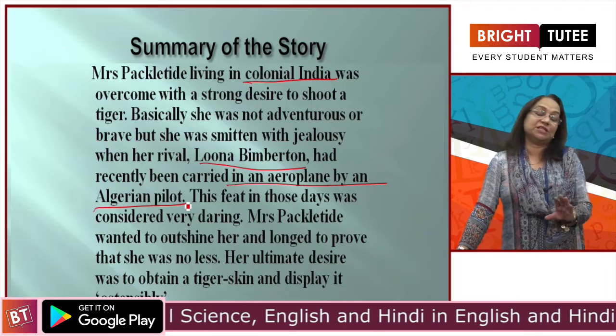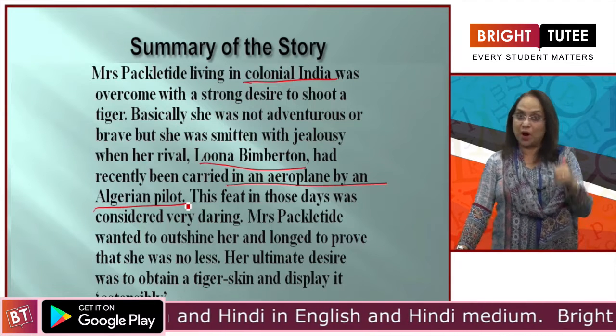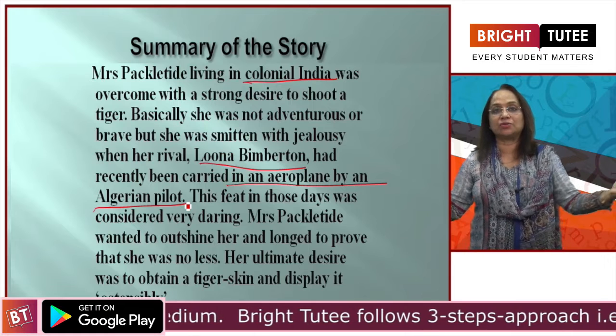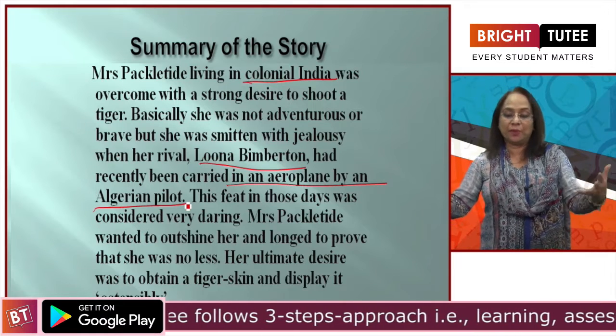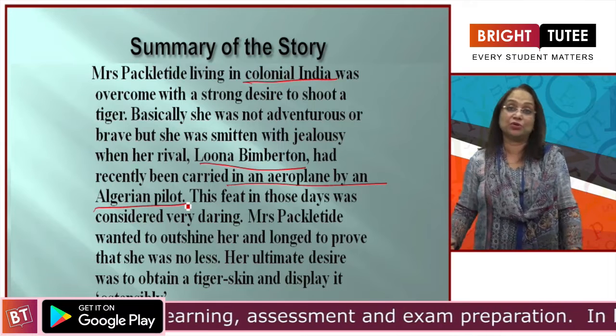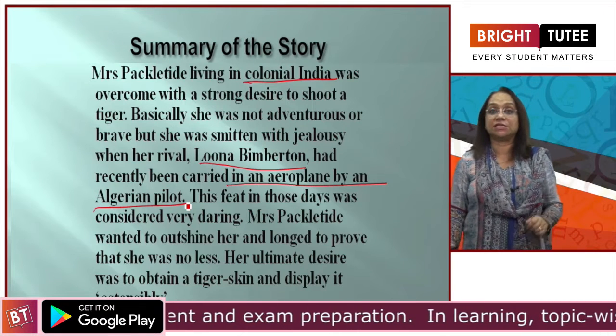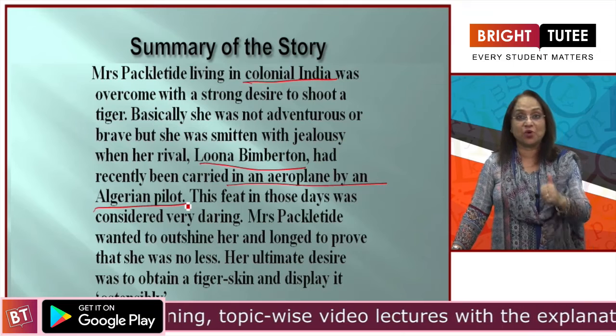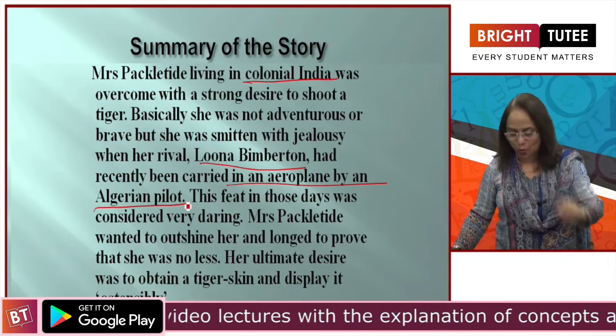Now, after shooting the tiger, what does she want to do? One, take out the tiger's skin and lay it out, show it to people. When people would come to visit her, they would see the tiger skin on the floor, and they would know she was a brave woman who had hunted a tiger. And two, she wanted to give a present to Luna Bimberton. What? The tiger claw.